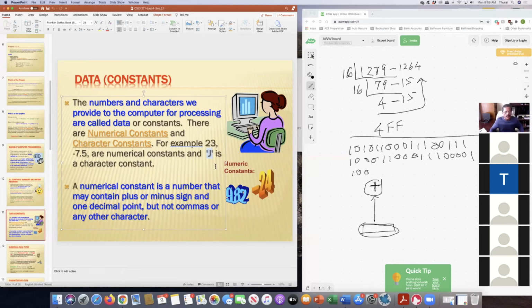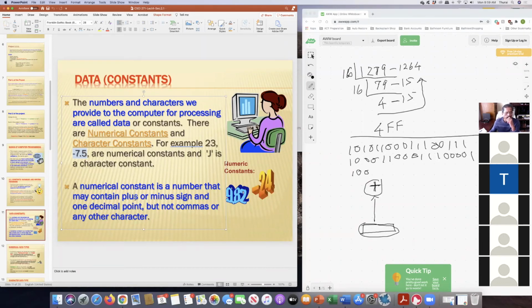And later you will understand why the single quotes are necessary for the character data. So any character with single quotes around it can become character data in a program. Numbers will be directly written as numbers. 23 or minus 7.5 will be numeric constants.